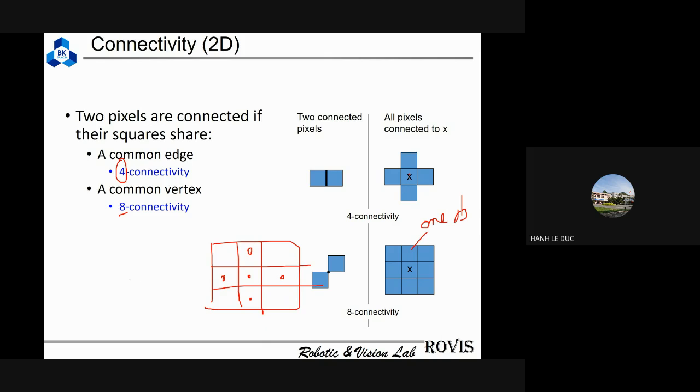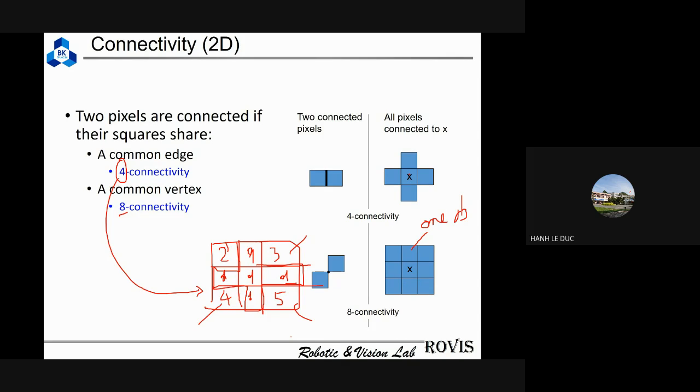But here, if we use four-connected components, we will consider this one object, but this one is different. In this case, it will form five objects. The biggest object is the cross, and the surrounding ones are different objects. Okay, so this is the definition of connected component or connectivity.